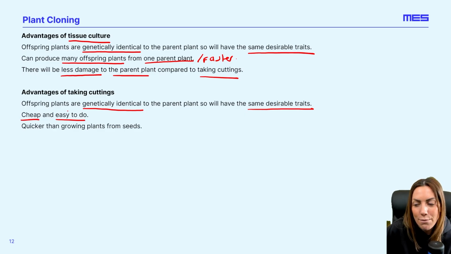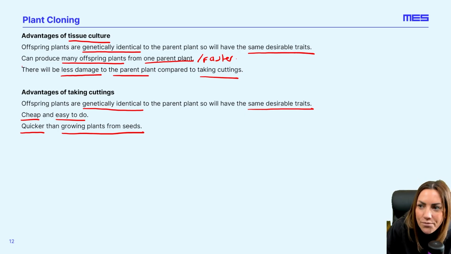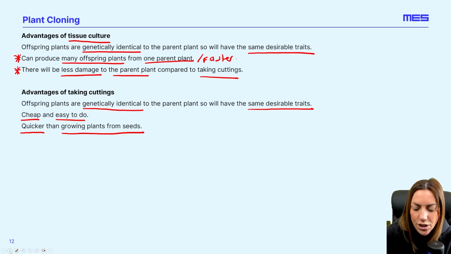And compared to growing plants from seeds, which have been formed with sexual reproduction, it's quicker than growing plants from seeds because you're starting with a shoot already with a few leaves. So it's quicker than growing plants from seeds. It's cheap, it's easy to do, but you can't make as many offspring from one parent plant as you can with tissue culture, and there will be more damage to the parent plant than there was with tissue culture.